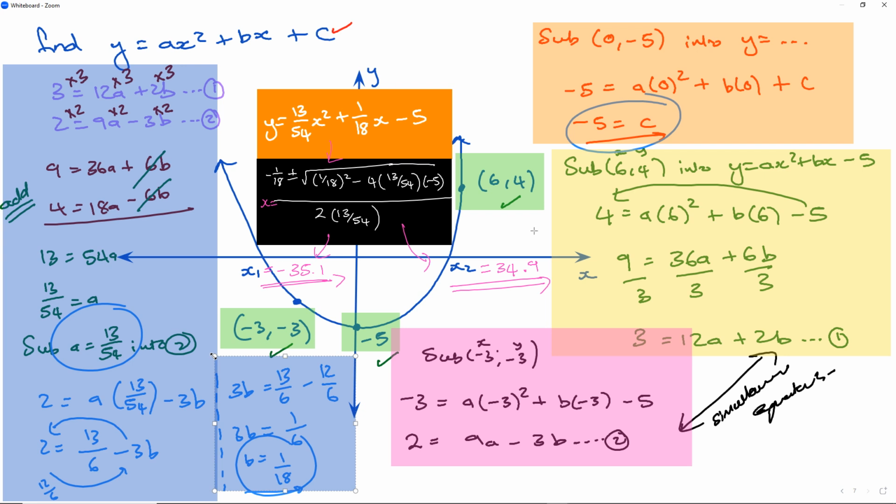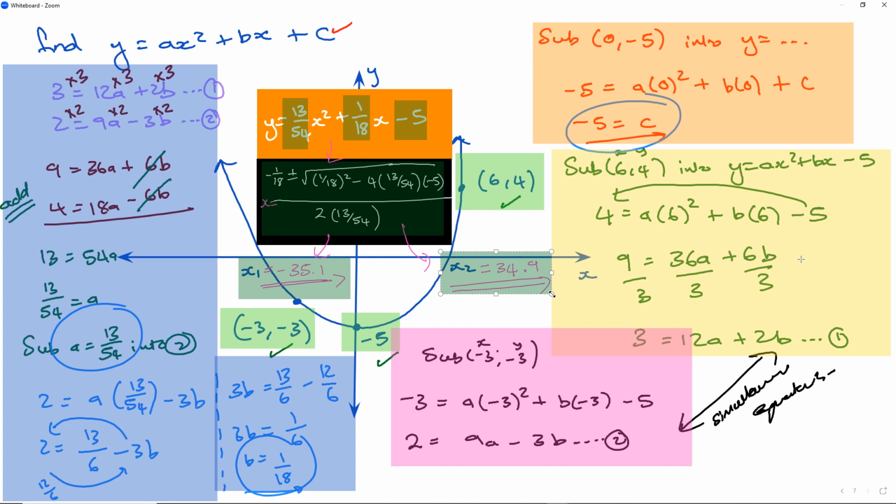And once I did that, I then substituted it into each component of my equation, and then the quadratic formula got me my final solution there. All right.